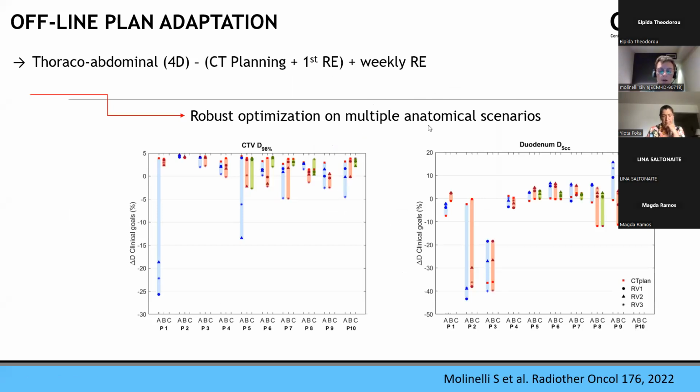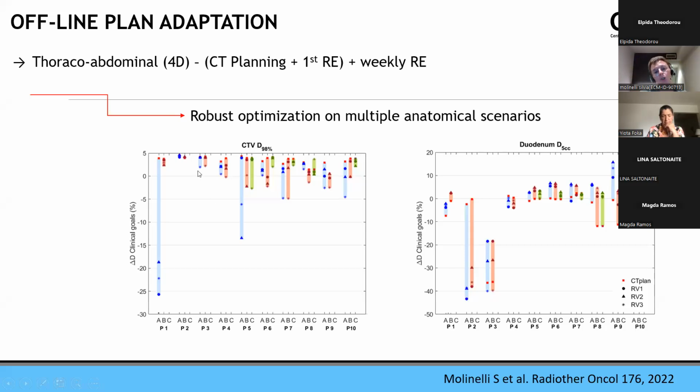So we do more than 1 acquisition before treatment, and we use the maximum exhale and 30% inhale, and the maximum exhale of a second acquisition after a few days. And then as we go on, we include different scenarios in the robust optimization. On average, on these 10 patients, this hasn't been demonstrated significantly better than the normal approach.